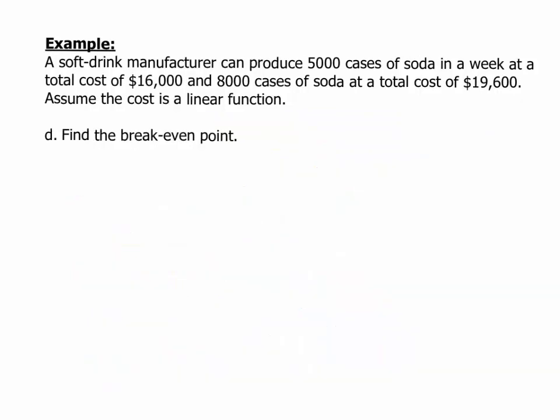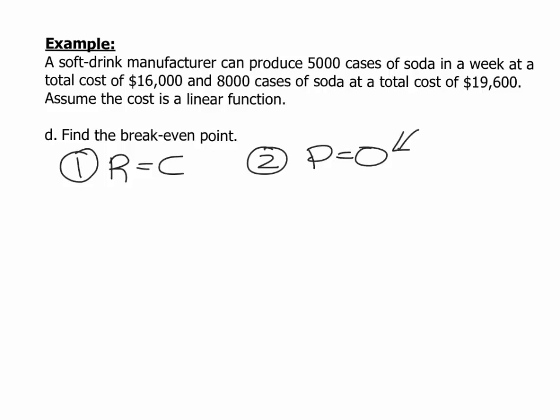In the last part, we're asked to find the break-even. Now remember, in order to find the break-even point, we can do it in one of two ways. First way, we could solve R equals C, and the second way, we can solve profit equals 0. In this case, it's a little less work to solve it using profit equals 0.